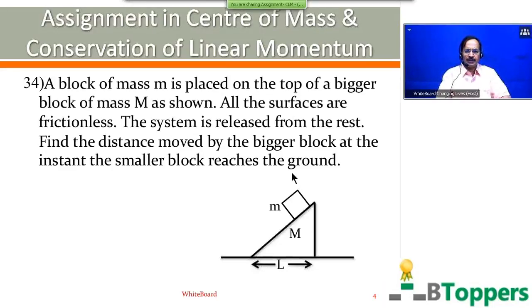Find the distance moved by the bigger block at the instant the smaller block reaches the ground. Your answer should be expressed in terms of capital M, small m, and capital L. Here capital L is the length of the base of the bigger block of mass capital M. Come on, try the question.